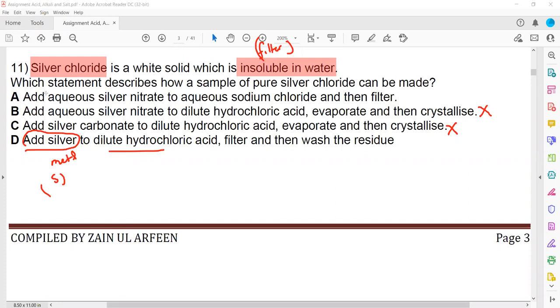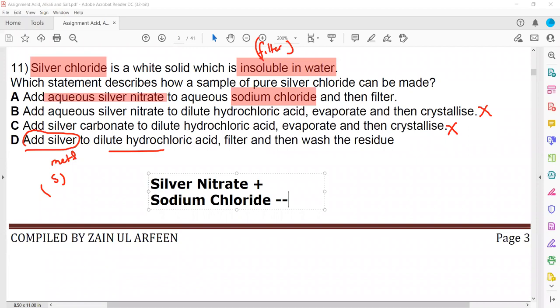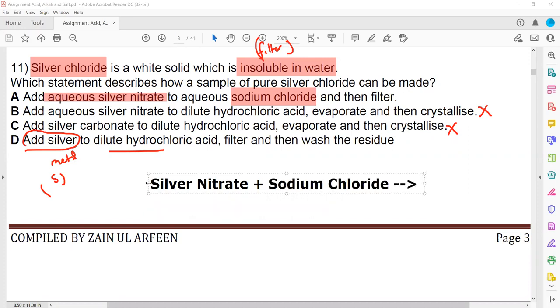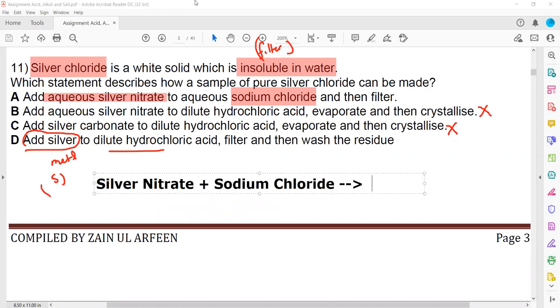Insoluble salts are prepared by mixing two solutions. So we have aqueous silver nitrate and we mix it with sodium chloride. As a result, a double displacement reaction occurs when two salt solutions are mixed together.